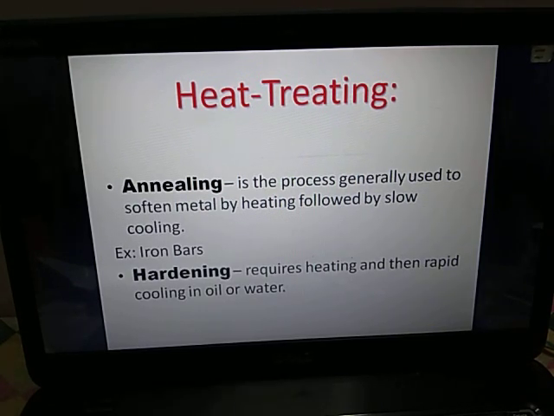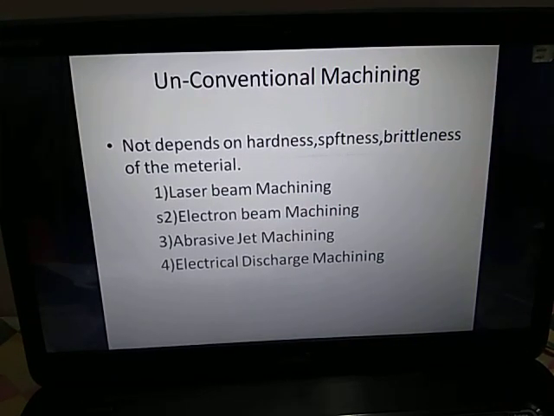The last basic manufacturing procedure is unconventional machining. Here the metal need not be considered for hardness, toughness or brittleness.